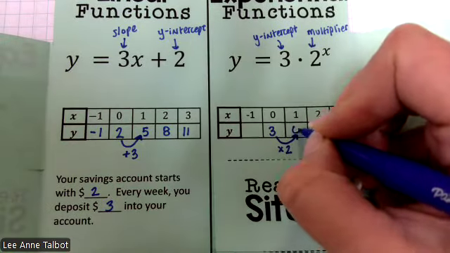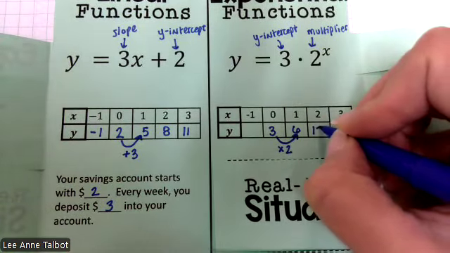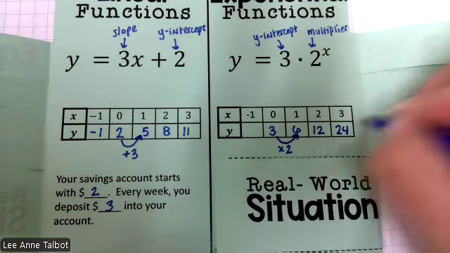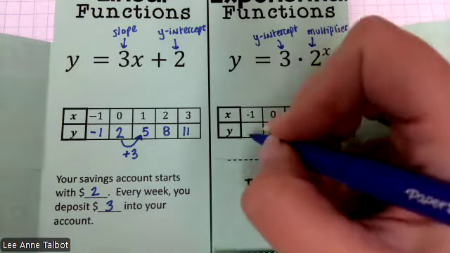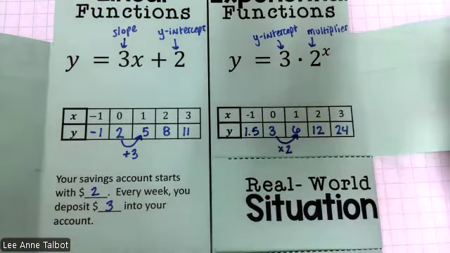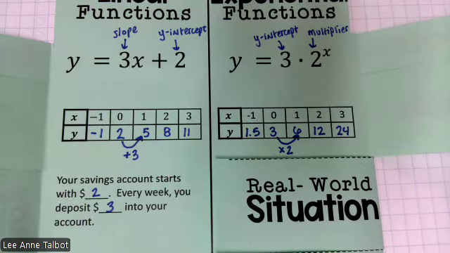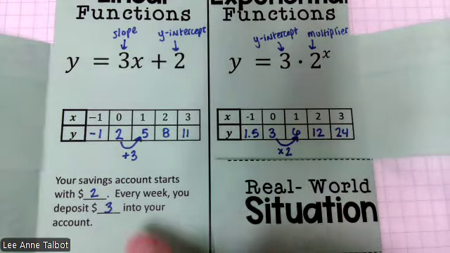So this would be 6, 12, 24. And working backwards would be 1.5. Does that make sense, guys? You see where the things went? Okay.